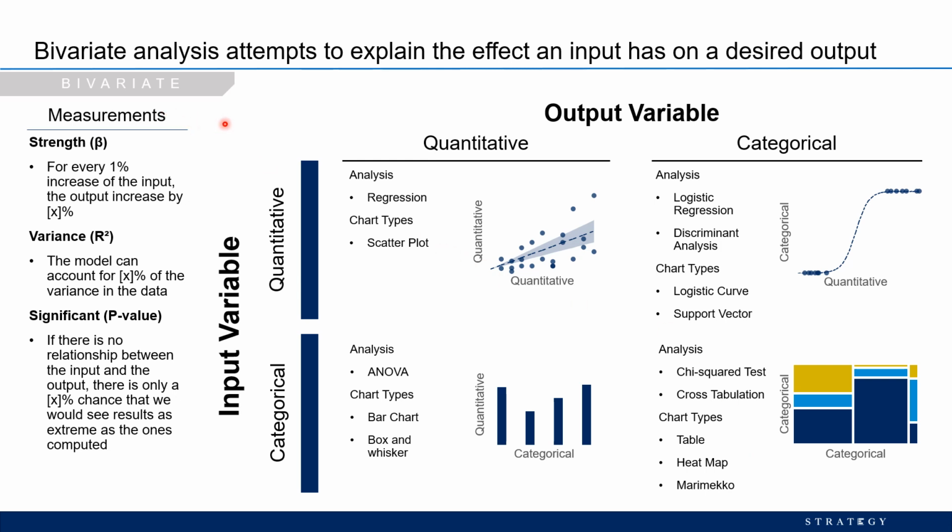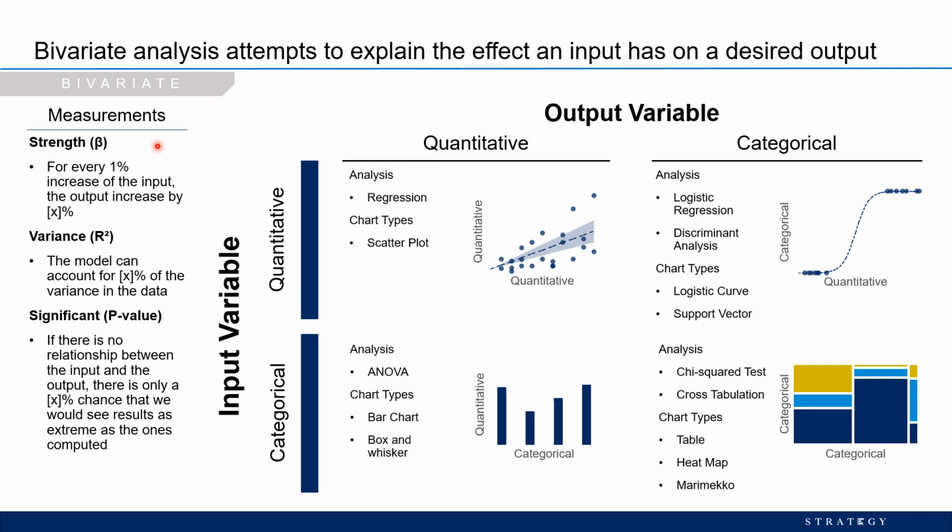Now there are three measurements usually associated with bivariate analysis. I know they're called different things for each of the different types of analysis, and you can dive much deeper into it. But here's just a general overview of the three different measurements for bivariate analysis. You have number one, strength, number two, variance, and number three, significance.